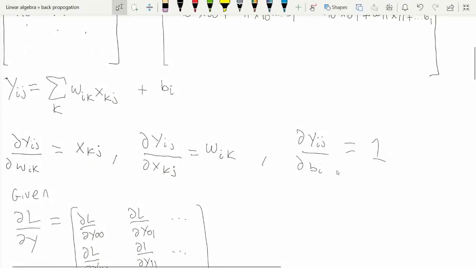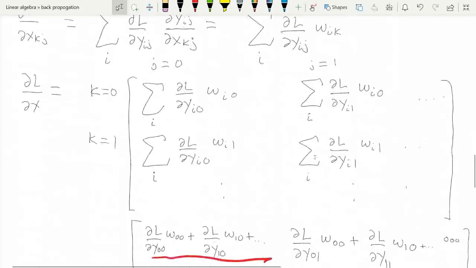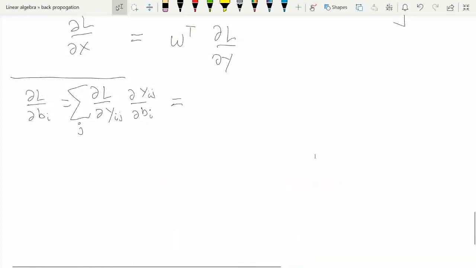So this is just the sum over j of partial L with respect to y_ij. I think that's as simple as you can get this formula.